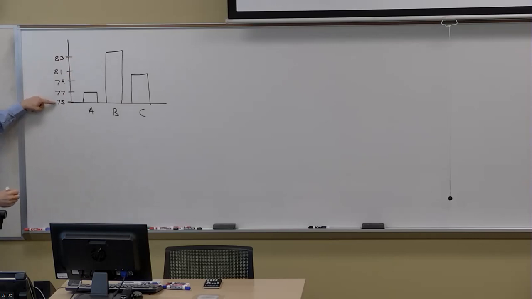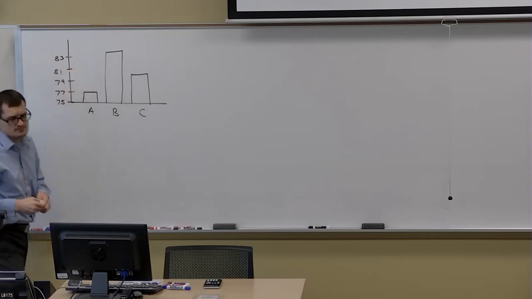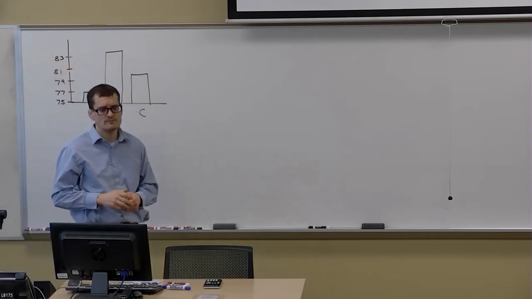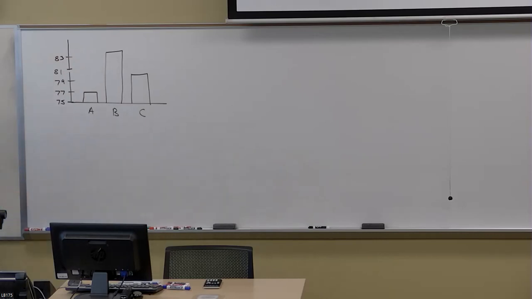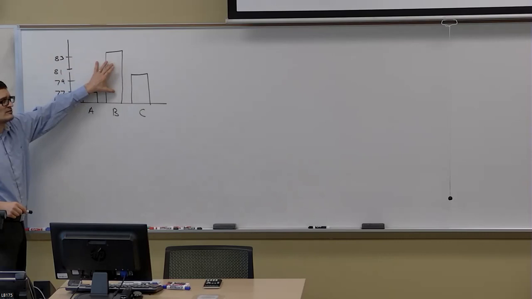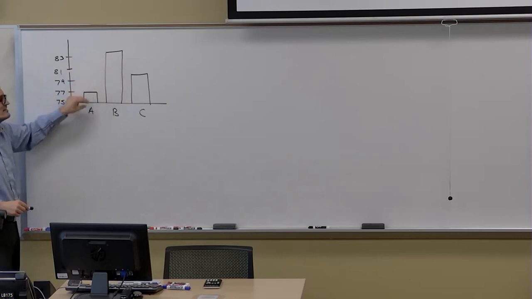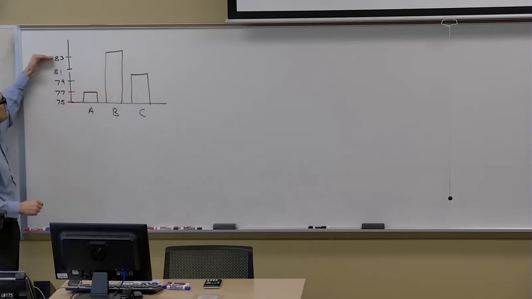If I start this axis at 75 and it goes up to 83, then the proportion of these bars to each other is not the same as the proportion of the numbers to each other.